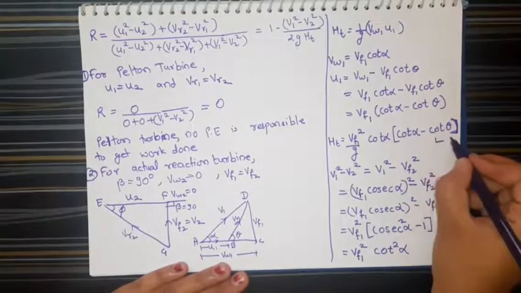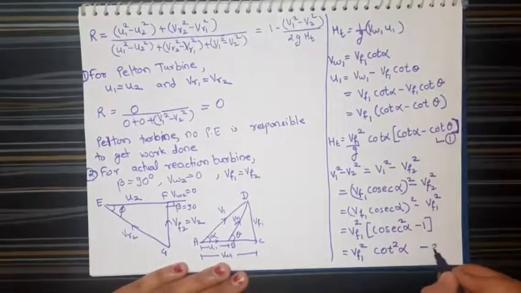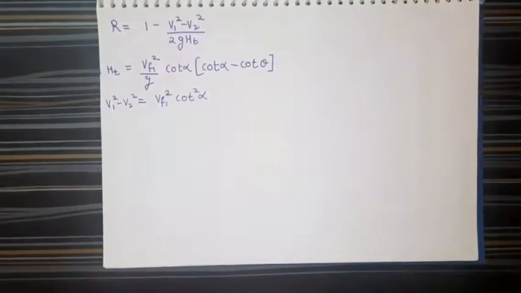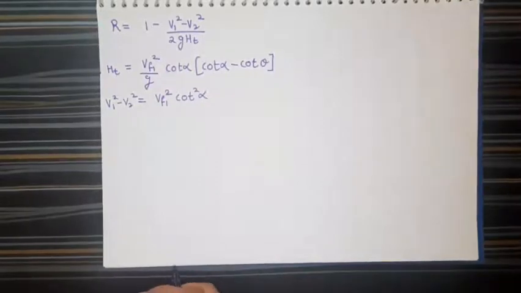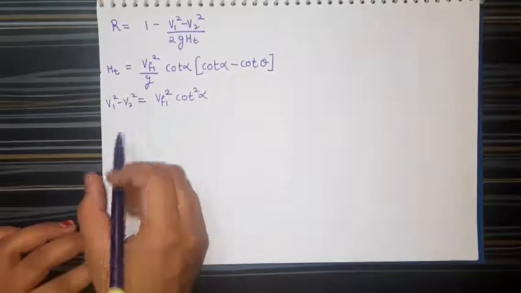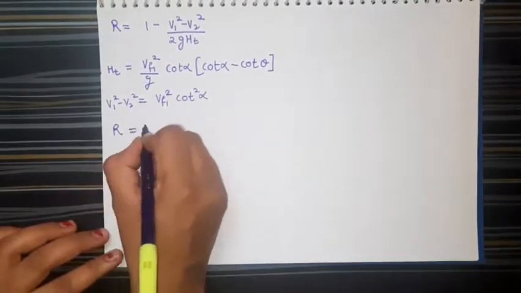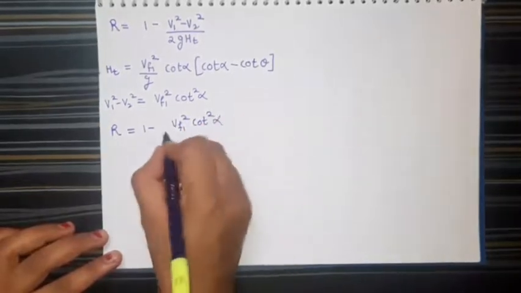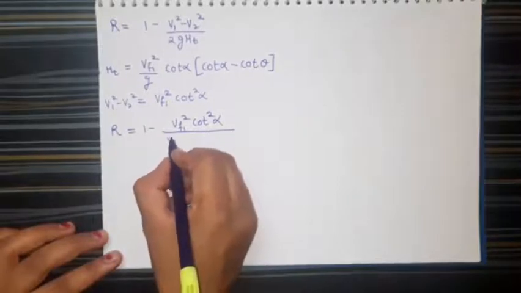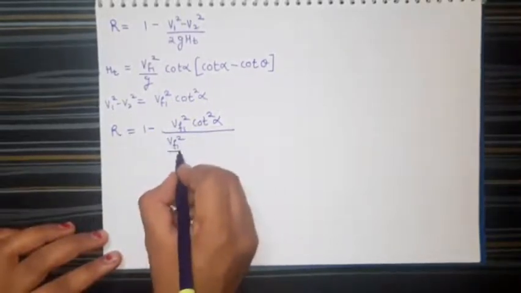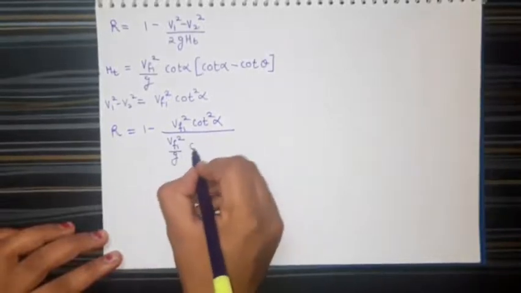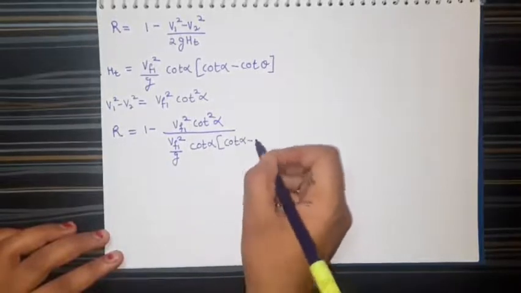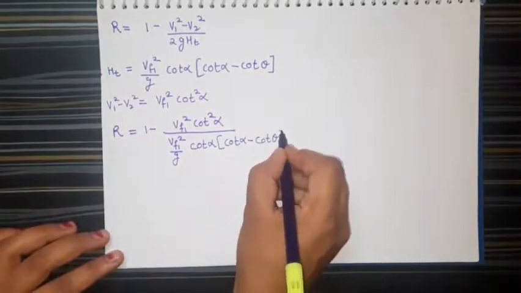Now let's call this equation number 1, and this equation number 2. Put this in the degree of reaction. So we will get R is equal to 1 minus VF1 square cot square alpha divided by VF1 square by G (cot alpha minus cot theta).